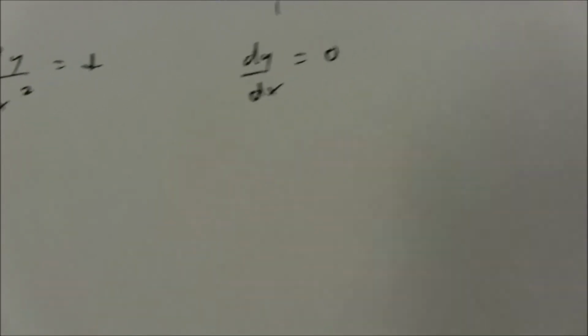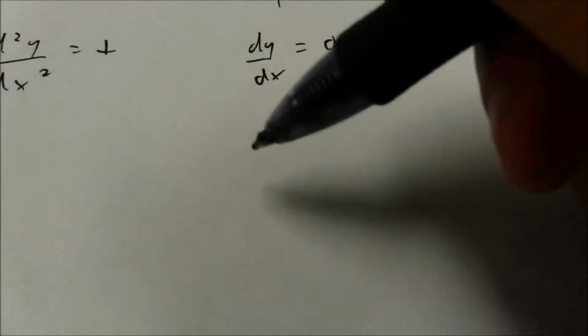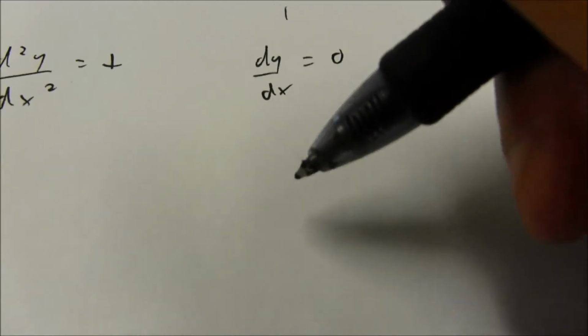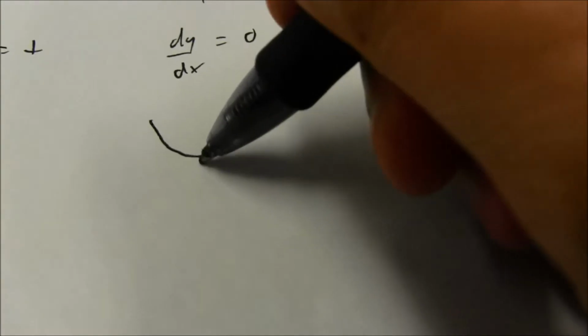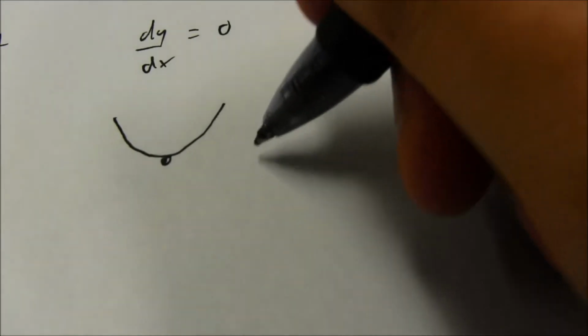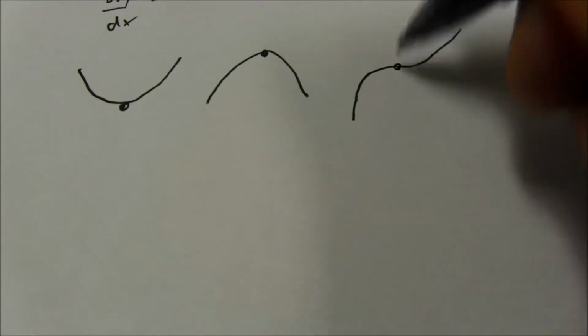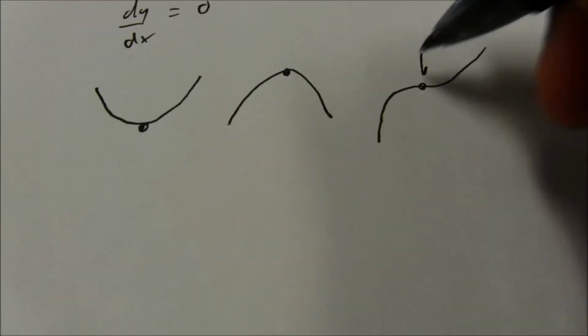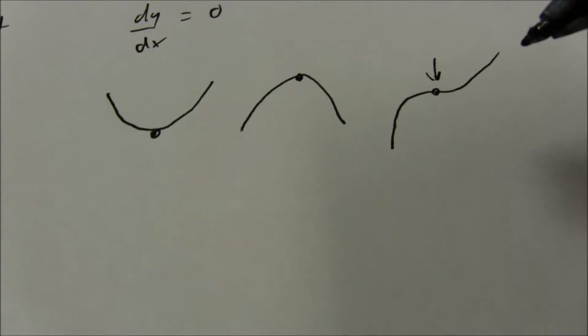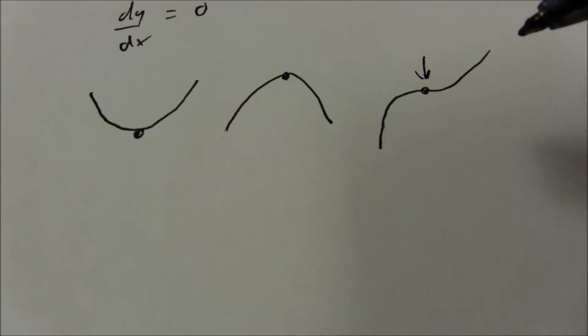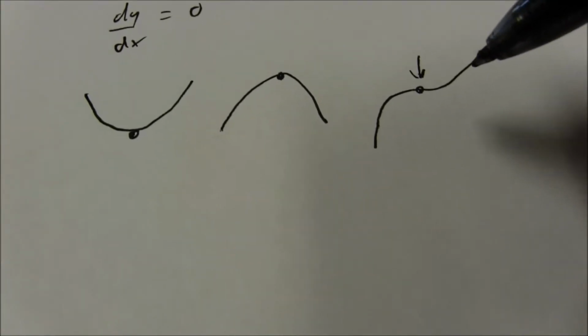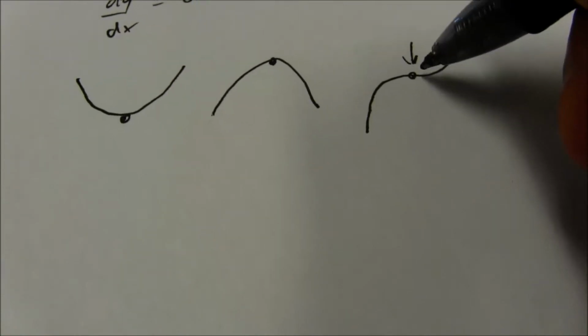Essentially what happens here is if you have a derivative of 0, that means that you have a function that is doing one of 3 things. Either it does this and you have a minimum value, does this and you have a maximum value, or you could have a plateau point where it briefly levels out. Okay? If you notice, the concavity here is neither concave up nor concave down. That's just a place where your concavity would be 0.